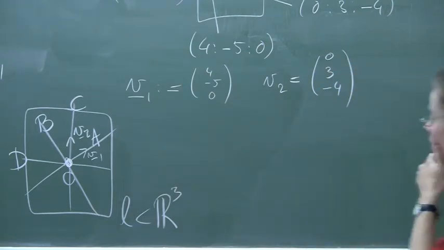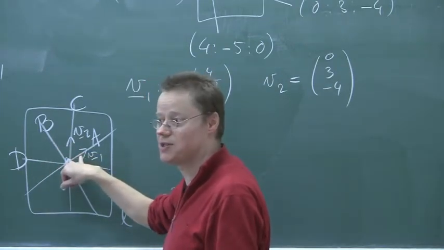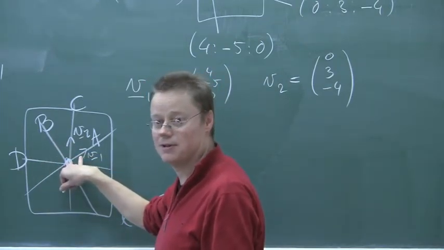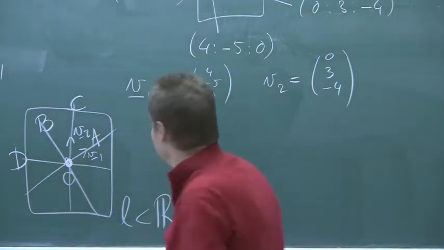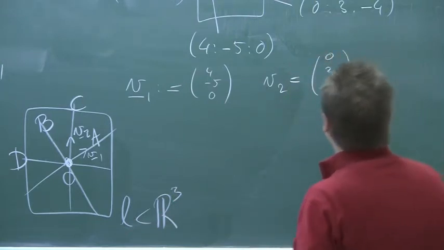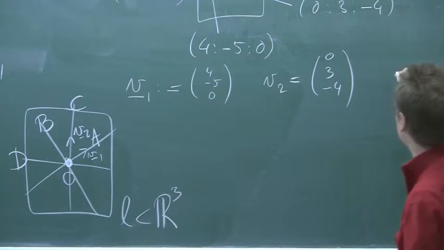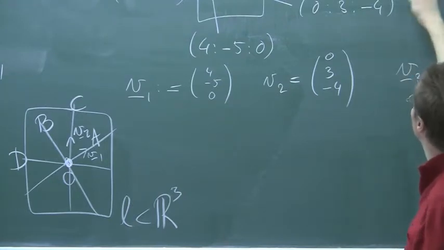Now I have to express these 2 lines in terms of this basis. Now the awful part: we have to use fractions, which I'm really scared of. Let's define v3 as this vector.